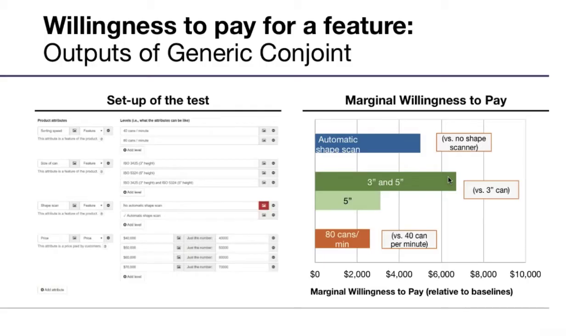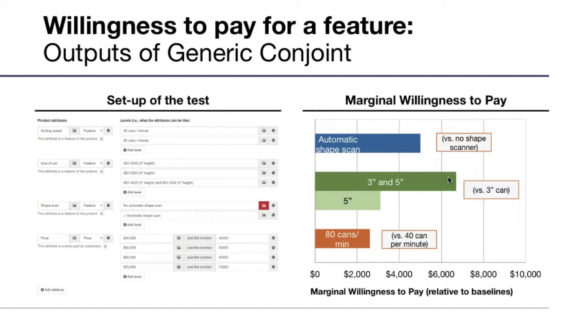Another common question that people ask with selecting features is how much people are willing to pay for them. So in this example, we are looking at a setup of a test on the left-hand side where we have 3 features: sorting speed, size of can, shape scanning feature, and price. So price of the machinery.